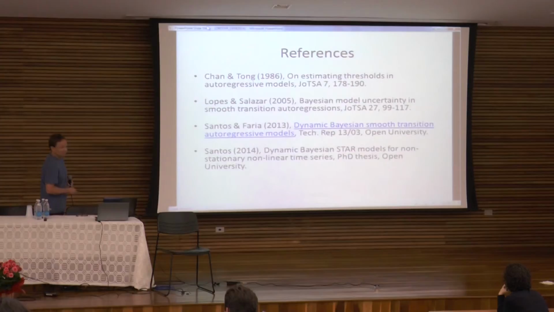These are the references I mentioned earlier for those who are interested. I could carry on to show the Canadian lynx application, but I'm not sure we have time. I included it because Lopez and Salazar developed a Bayesian model for the static STAR.